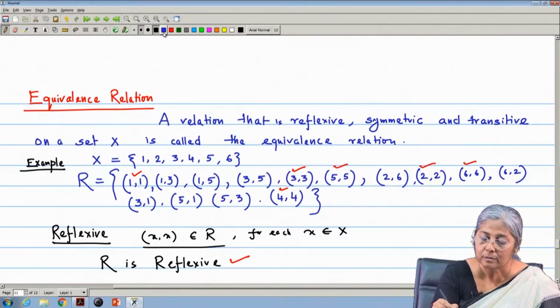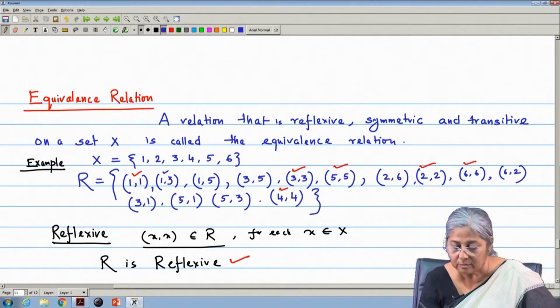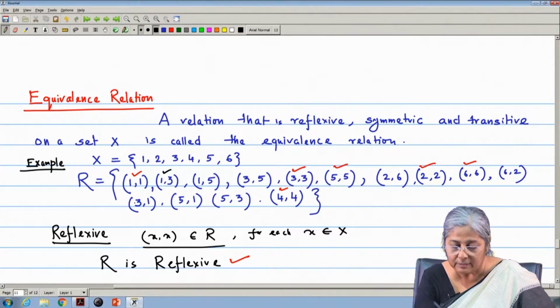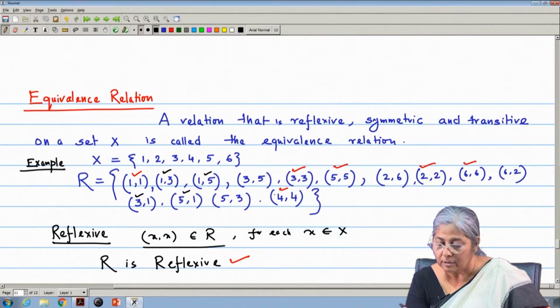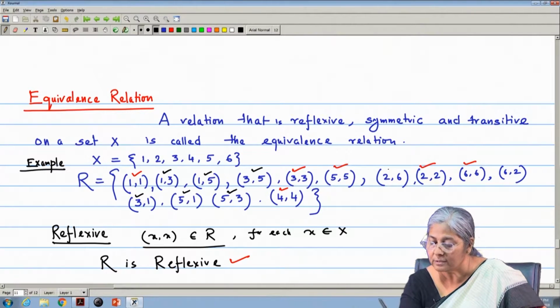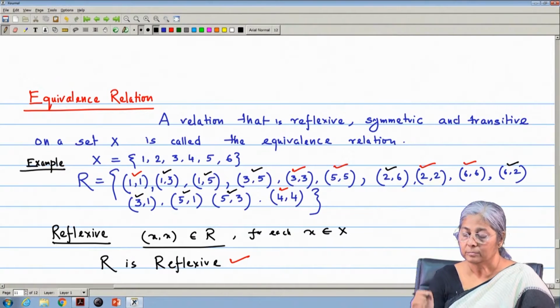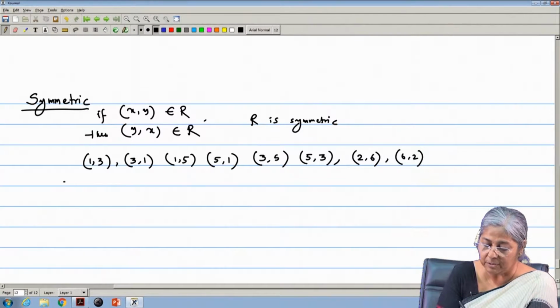If we see, (1,3), then I see that (3,1) is there, (1,5), (5,1) is there, (3,5), then (5,3) is there, (2,6), then (6,2) is there. So, I can tell that this is a symmetric relation. So, R is symmetric.